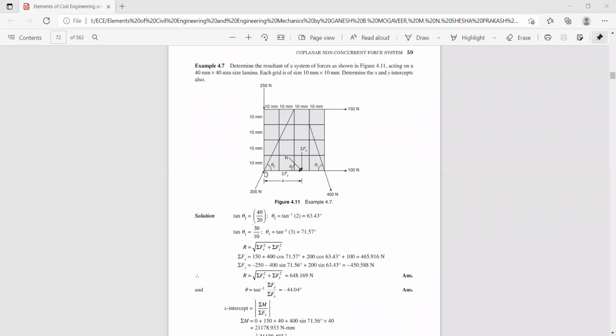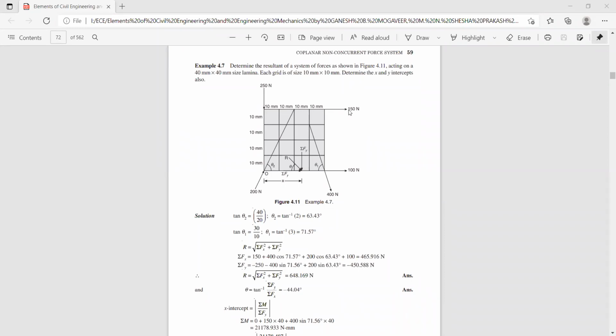The horizontal component of this force is acting along the x-axis, in line with the horizontal axis, hence the perpendicular distance becomes 0. And the vertical component is also acting along the y-axis, so I can neglect this force. And this 250 Newton force is acting along the vertical axis and coincides with point A, hence the perpendicular distance is 0.